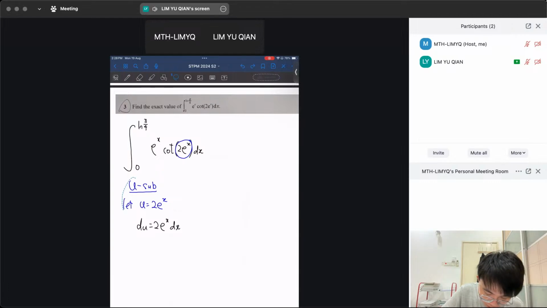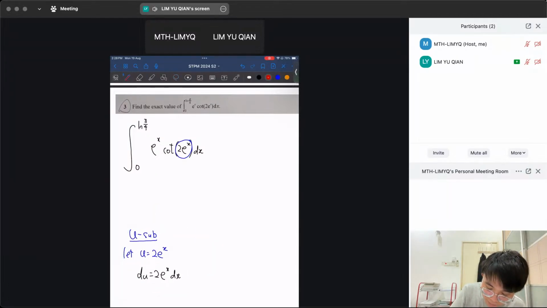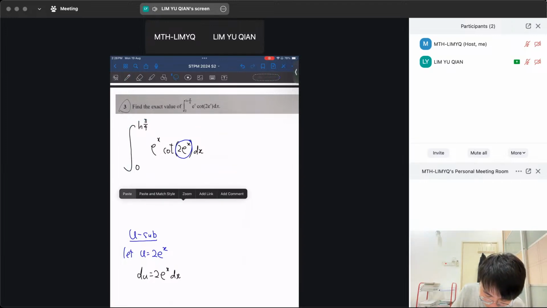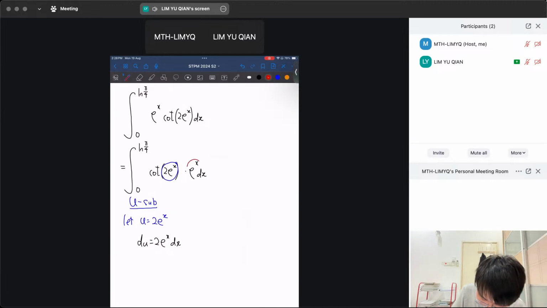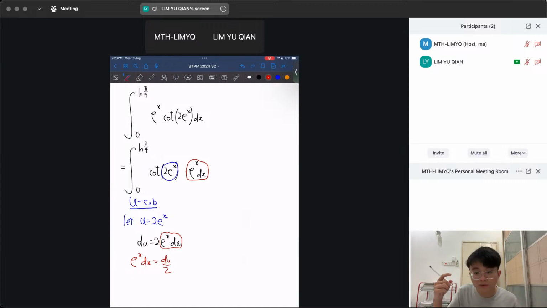But if I want you all to see, you can group them together. Just copy paste. Put this in front. dx is one thing, just consider them as one thing. So e^x dx equals du over 2. Substitute with this.